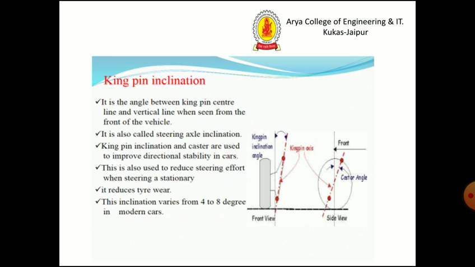It reduces tire wear. This inclination varies from 4 to 8 degrees in modern cars, and the kingpin inclination is shown in the figure, which is also known as steering axis inclination.